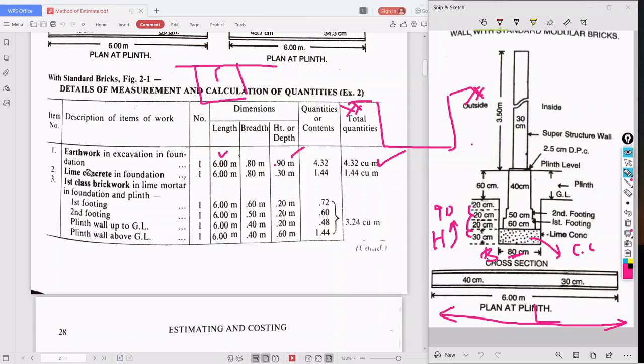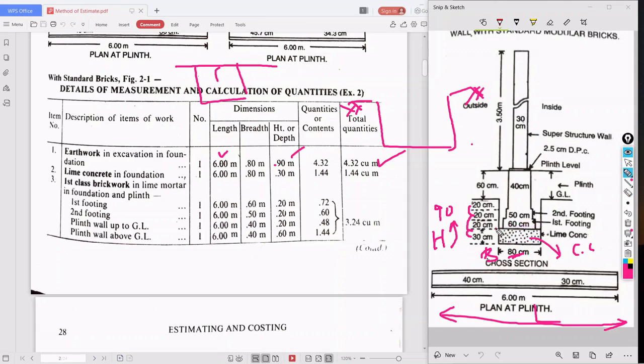The second item of work is lime concrete in foundation. So what is the number? Only one. Length is the same, that is 6 meter. Breadth is the same, that is 0.8. Height or depth, what is it? Up to here is only the lime concrete, which is 30 centimeter.